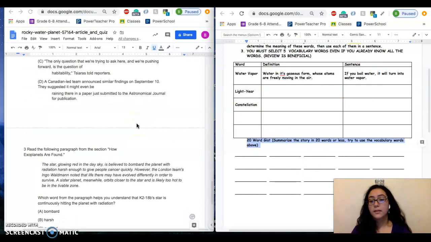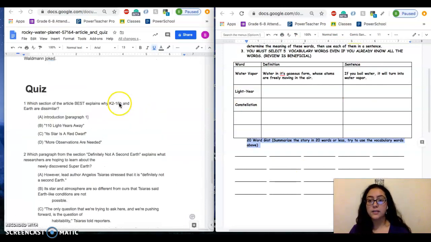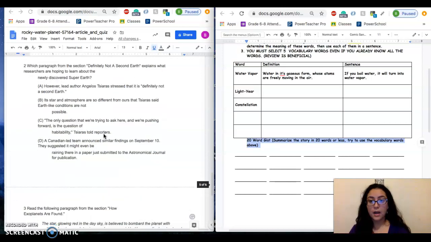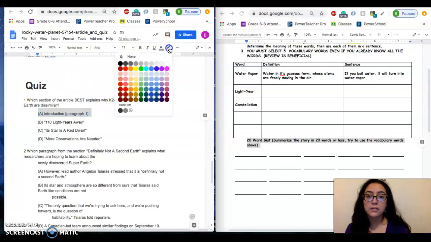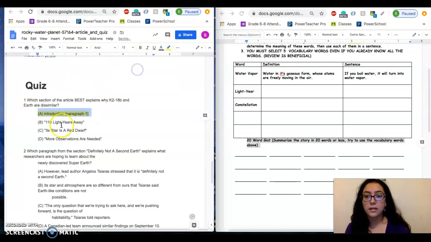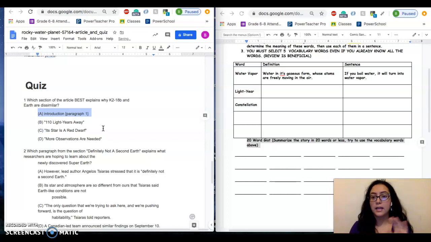I almost forgot. You can highlight the response. So if you think number 1 is A, just go ahead and highlight your response, the one you think is right. Only highlight 1 unless it asks for more than 1. Alright.